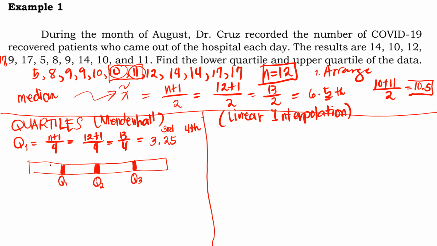Yung mga data po na nandito sa left part, iba po ang ginagawa natin dyan dun sa mga data na nandito sa right part. Okay? Paano kaya? We have here Q sub 1, which is 3.25. Let's try solving for Q sub 3. Q sub 3 is 3 times 13 divided by 4. Ano pong answer?